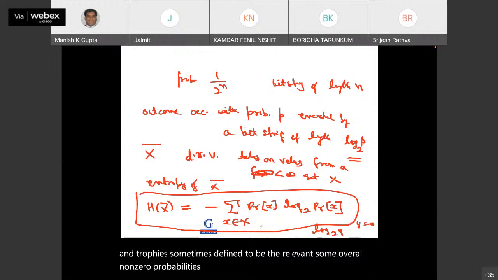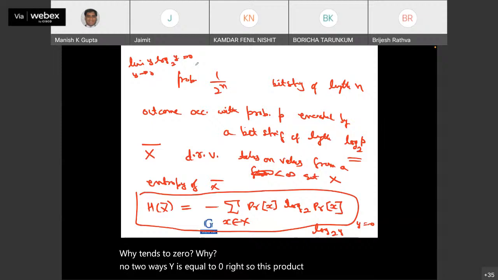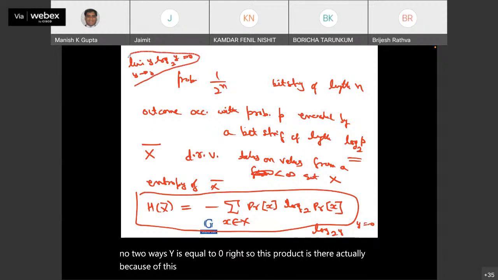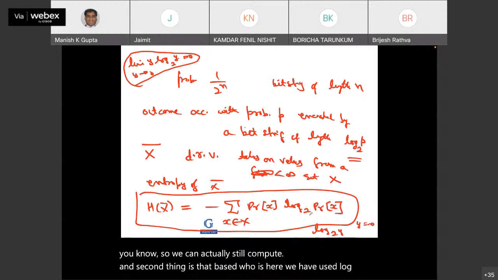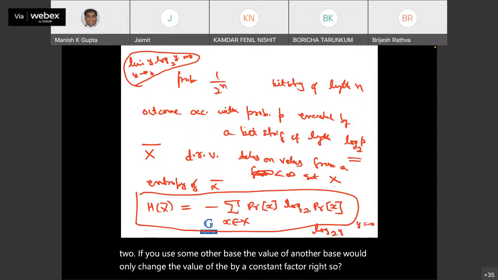However, since the limit as y tends to 0 of y log base 2 of y is equal to 0, we can also include 0. So there is no difficulty in allowing the probability of x to equal 0 for some x, and we can still compute. The second thing is that we have used log base 2. If you use some other base, it would only change the value of the entropy by a constant factor. So these are the two important things to observe.